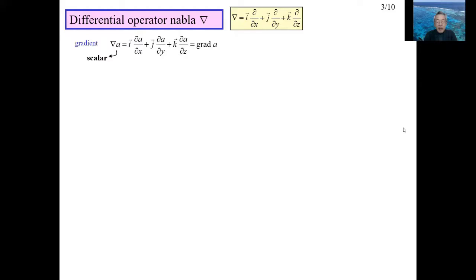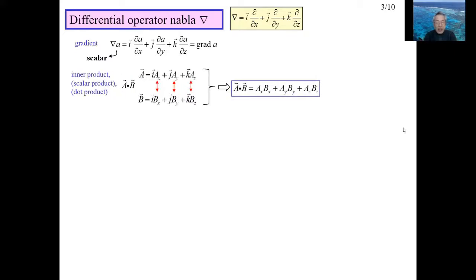Nabla a is a vector having magnitude and direction. Nabla a is sometimes called gradient a. The nabla operation is applied to vectors too. The nabla operation follows the rule of vector calculation. The rule I will explain from now concerns the product of vectors.